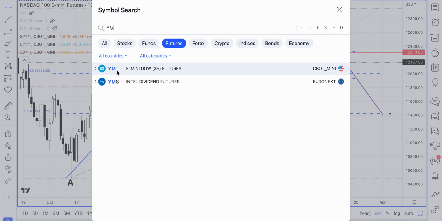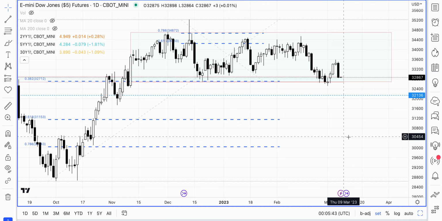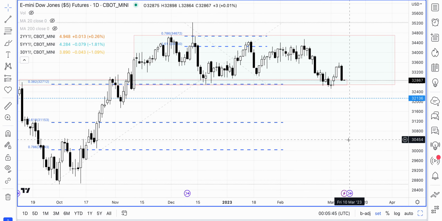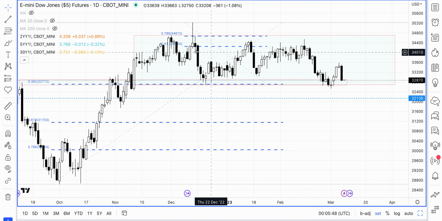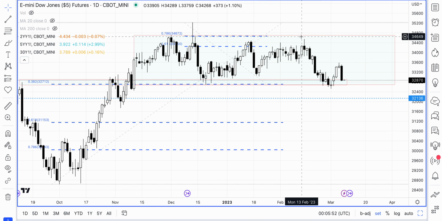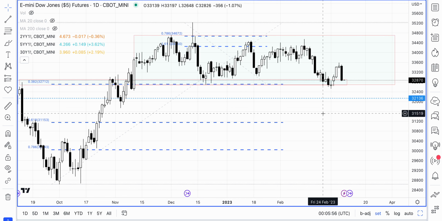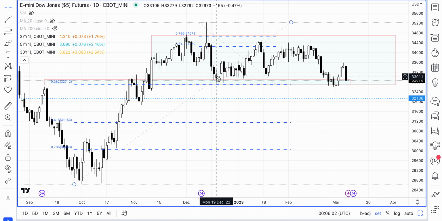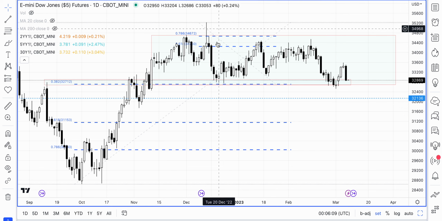Let's take a look at the Dow Jones E-mini here. This index actually never really did that ABCD here, which we were expecting, and a double top here. And in fact, this index had been stronger comparatively compared to S&P 500 and also the Nasdaq, because it just retraced to about 38.2% Fibonacci retracement, and then it's just been in a trading range.